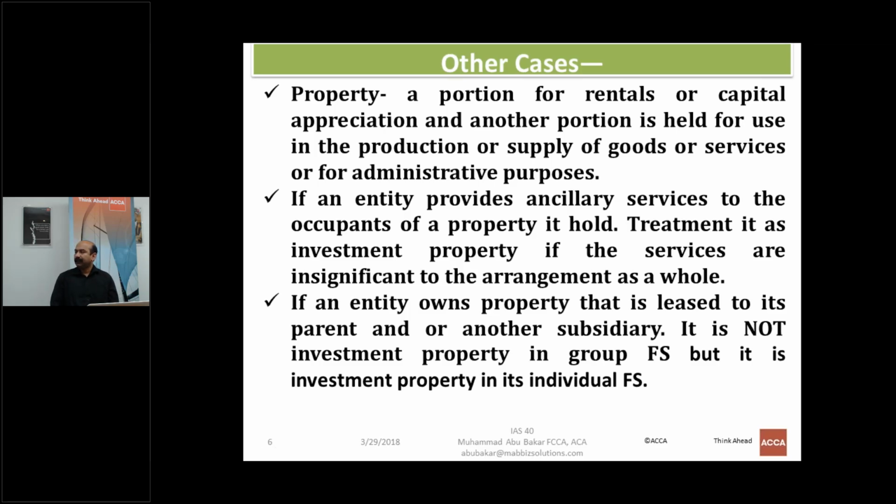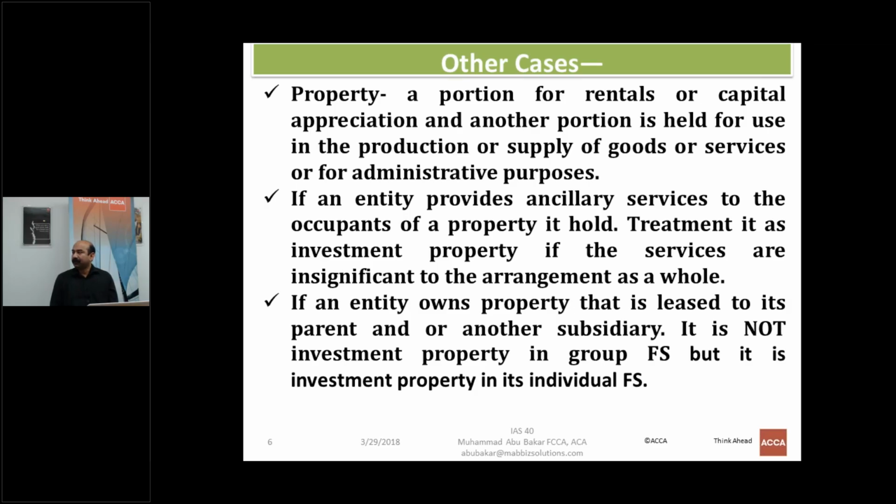Last point. If an entity owns property that is leased to its parent and or another subsidiary, it is not investment property in group financial statement, but it is investment property in its individual financial statement.